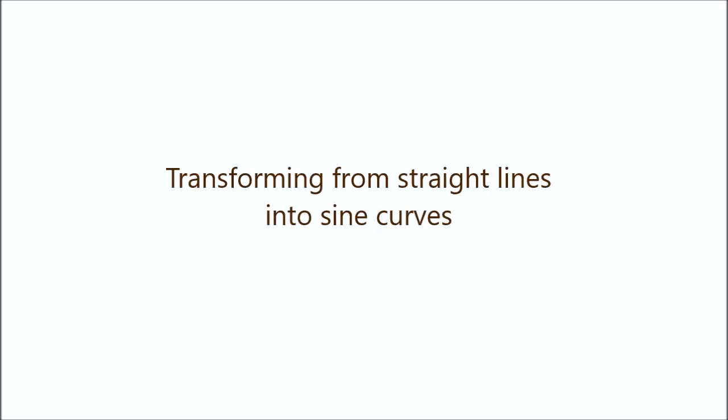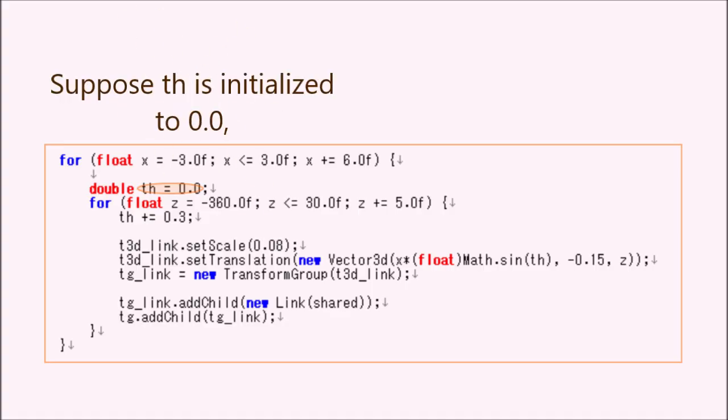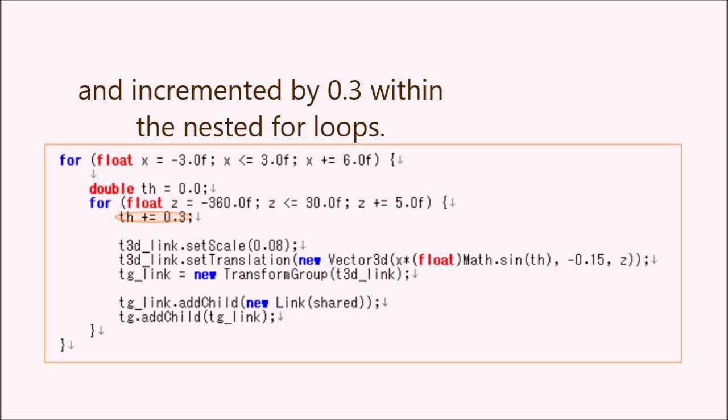Transforming from straight lines into sine curves. Suppose th is initialized to 0.0 and incremented by 0.3 within the nested for loops.